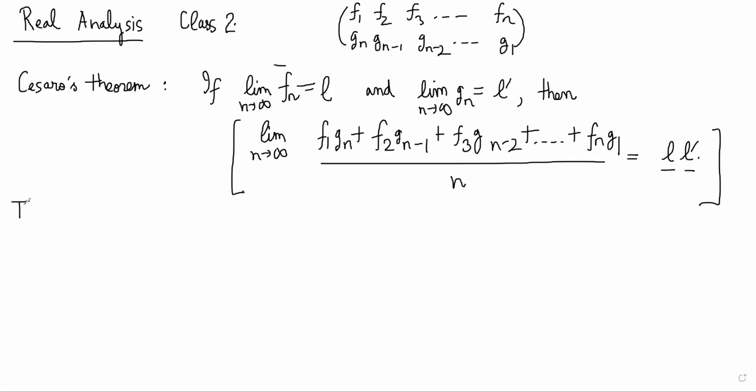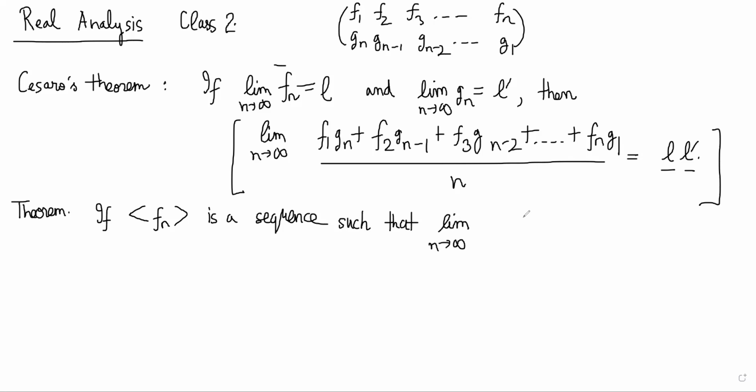Another theorem that we'll look at is: if Fn is a sequence such that the limit as n tends to infinity of Fn plus 1 by Fn is equal to L, where mod of L is less than 1, then Fn converges.